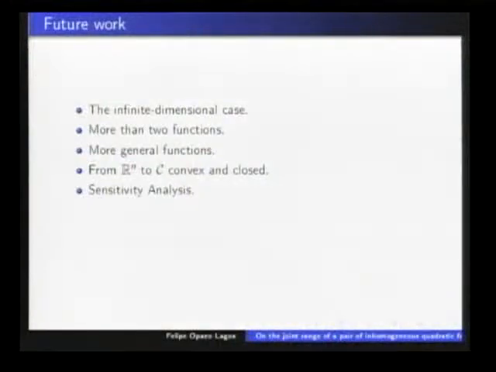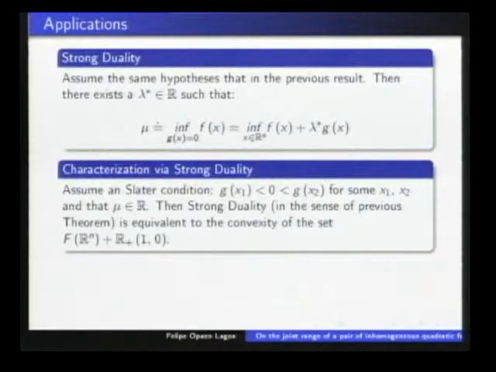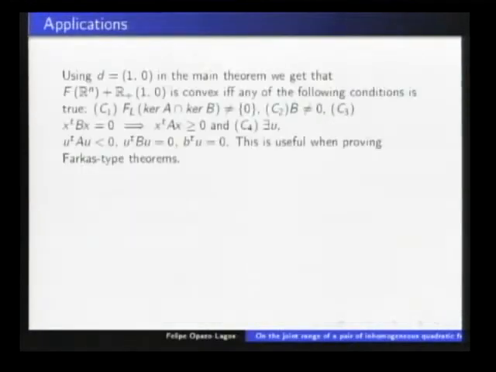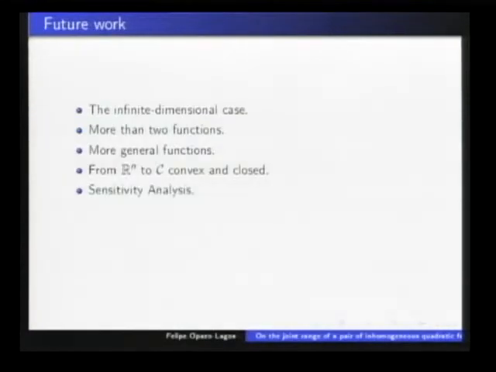More general functions, namely polynomials or continuous functions, going from the Euclidean space to a larger set, and some sensitivity analysis based on using this fact, okay? Variation of the perturbation of D, we can study sensitivity analysis.